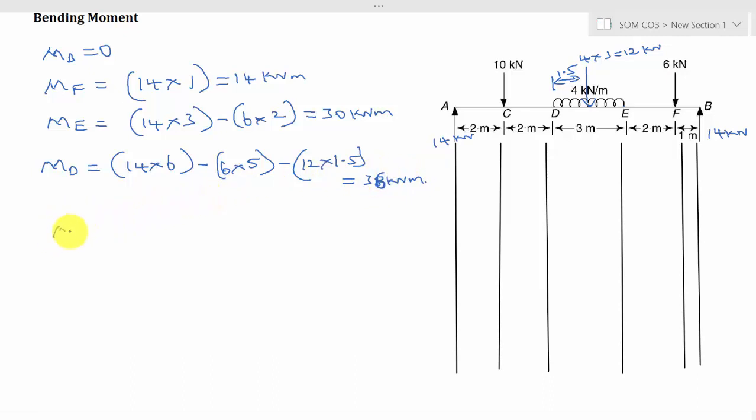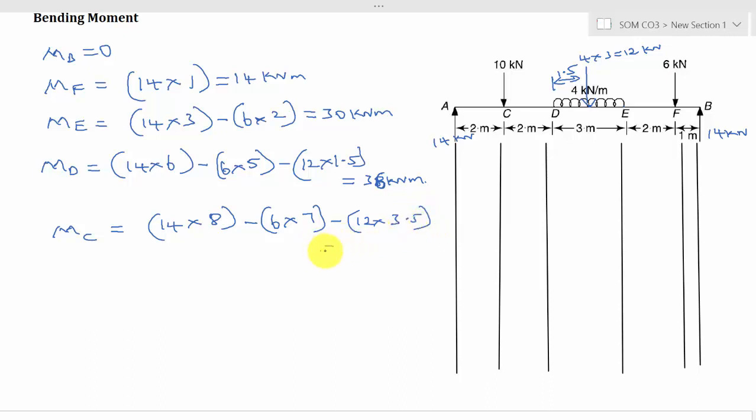Then MC is equal to 14 into 8, then minus 6 into the distance, 3, 5 and 7, then minus 12 into 3.5.